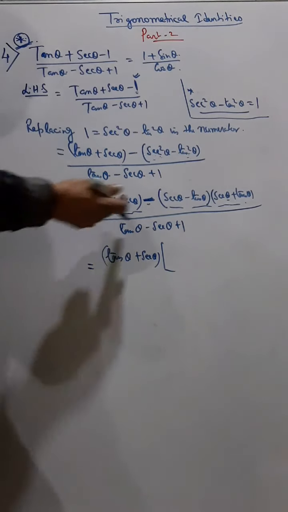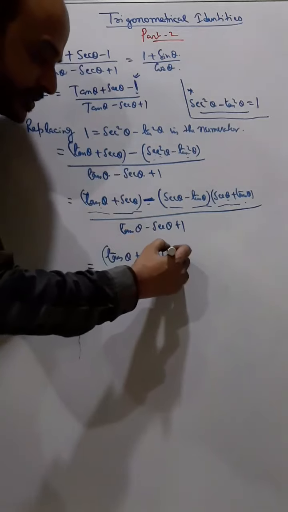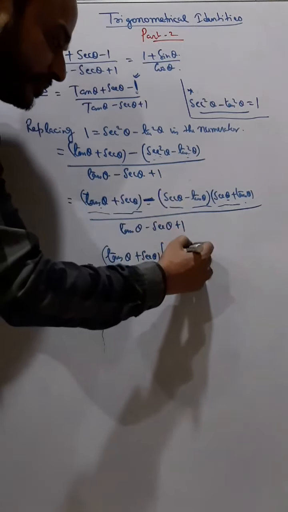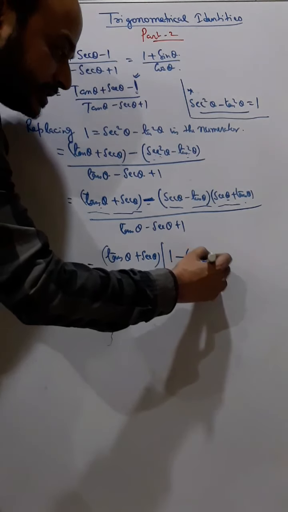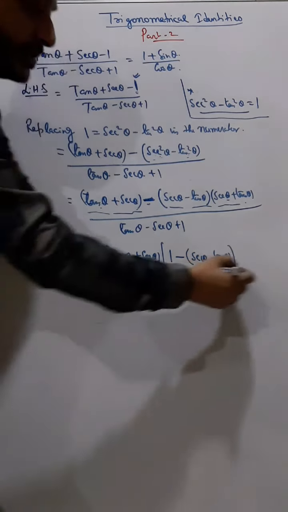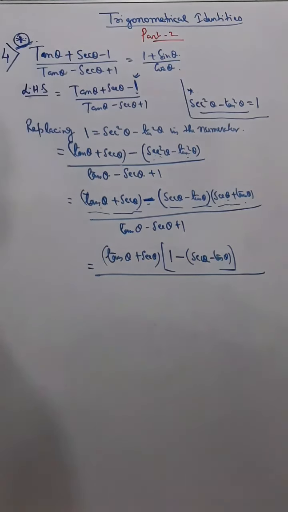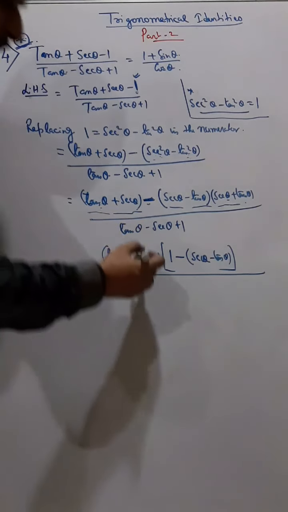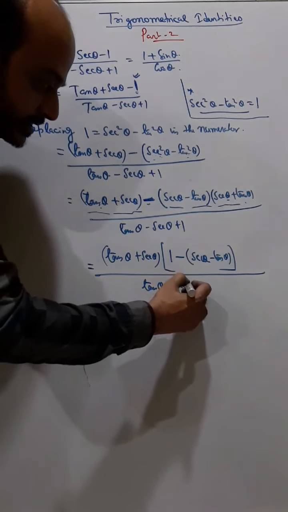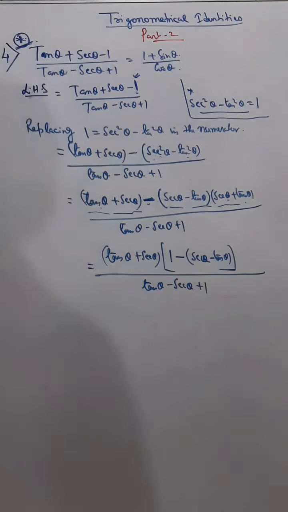What is left here? Here 1 is left, then minus, and in bracket we'll write sec theta minus tan theta. So we are getting this. Understand? Again the denominator as it is, tan theta minus sec theta plus 1.